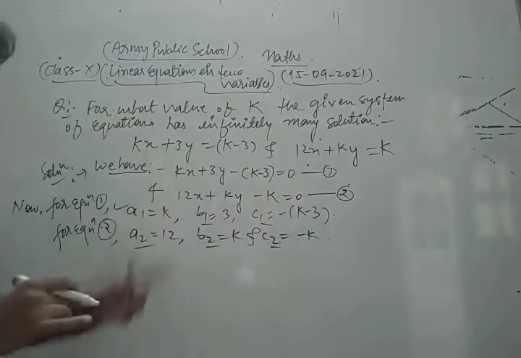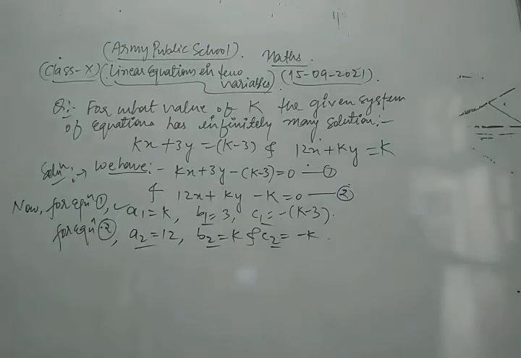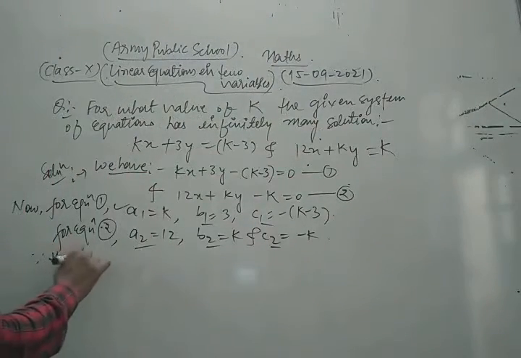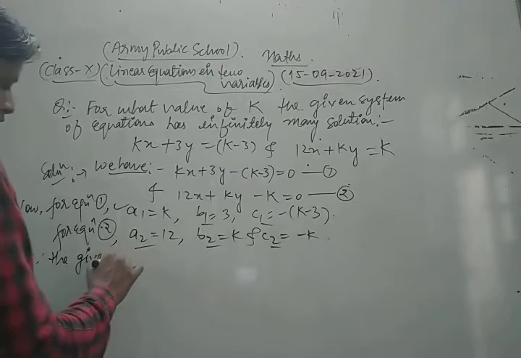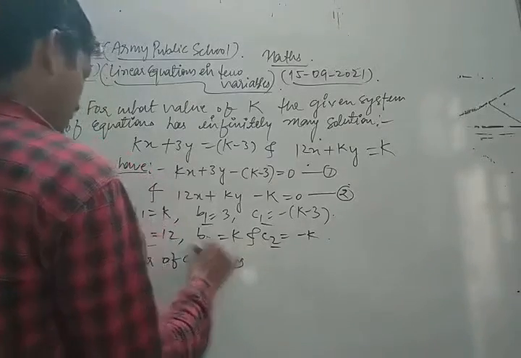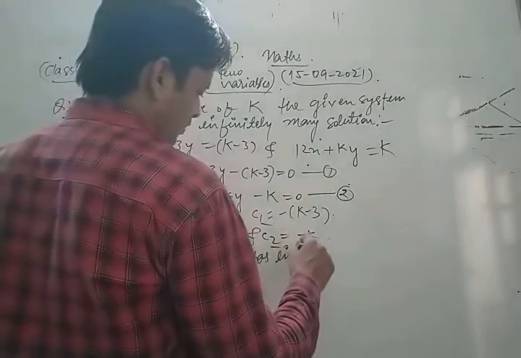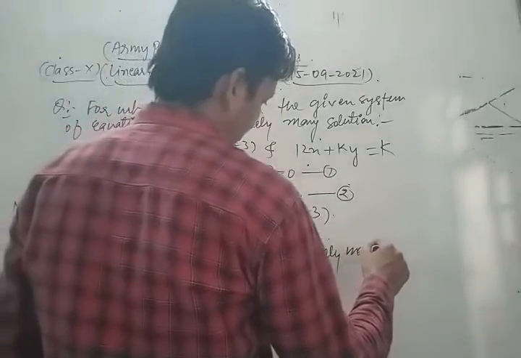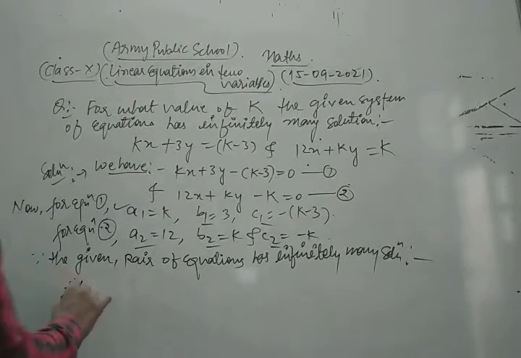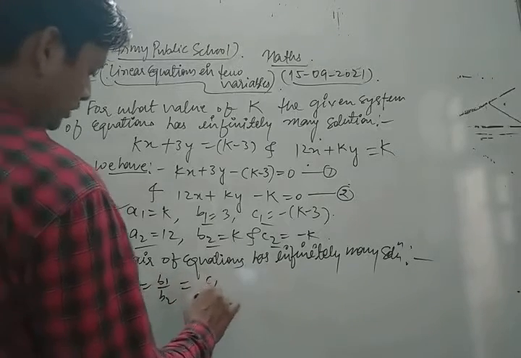Now, since the given pair of equations has infinitely many solutions, we can write that a1 upon a2 is equal to b1 upon b2 is equal to c1 upon c2. We apply that condition.